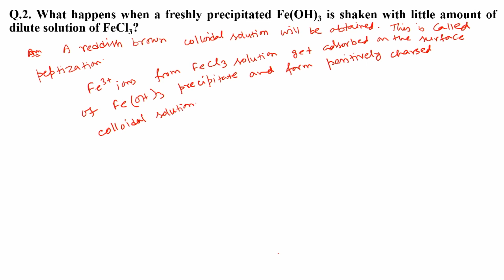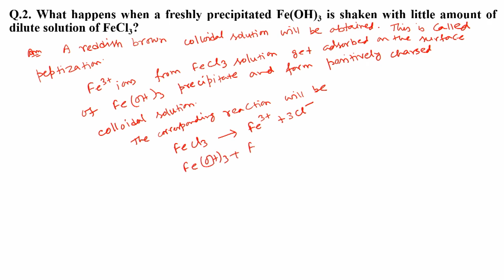Okay, this one. So the corresponding reaction will be: FeCl3 decomposes into Fe3+ and 3Cl-, and then we have Fe(OH)3 plus Fe3+, so it gives Fe(OH)3·Fe3+.